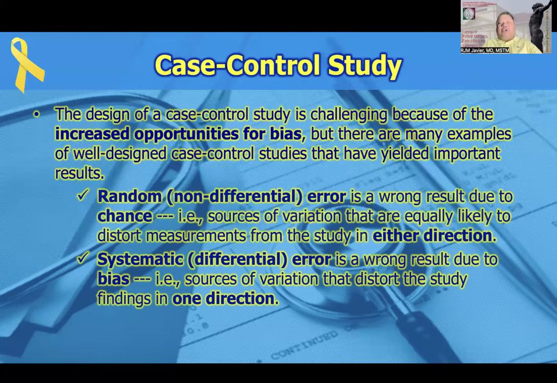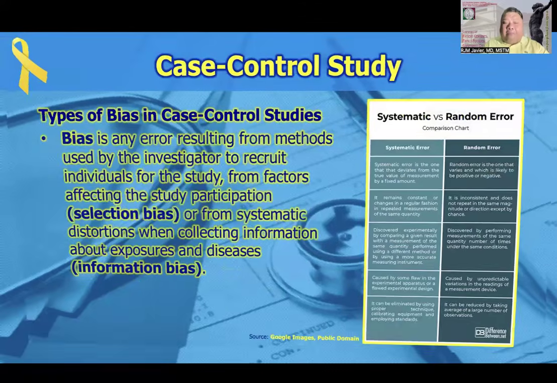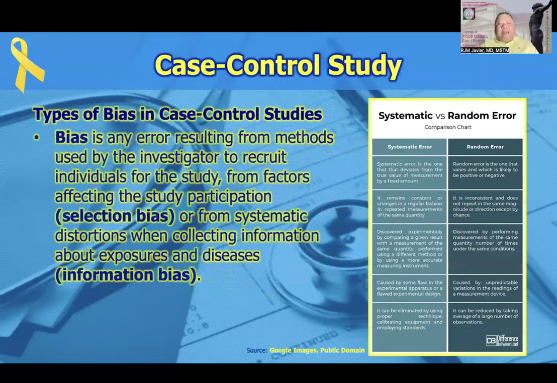Now, most case control studies are prone to systematic errors and bias, but not all. In general, though, they are prone to possess bias. And when I talk of bias, we can dichotomize them into your selection bias or information bias.